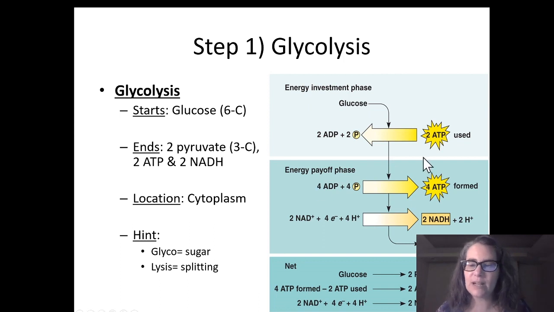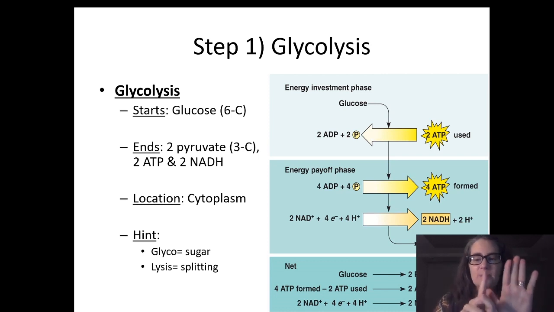I want to direct your eyes over to this flow chart. Notice that in this first step, glucose is a little bit of an uneven molecule, and one of the first things we have to do is even it up so that the 3 carbons are equally split, or easily split.